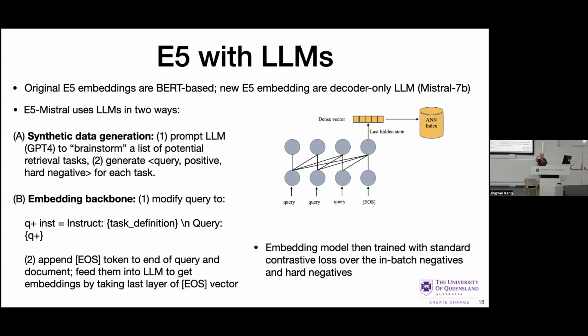That's the modification they do to the query, and then they do a second thing: they append an end of string token, the EOS token, to the end of the query and to the end of the document. Then they feed either this new query or the new document with the end of string into the LLM, and they look at the last hidden layer of that EOS token.